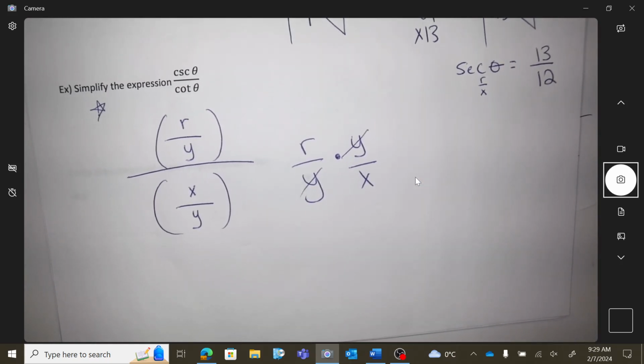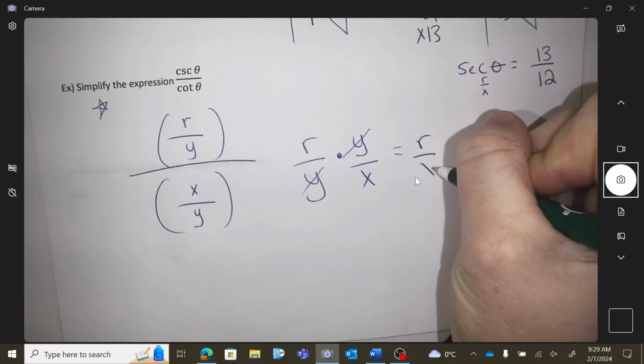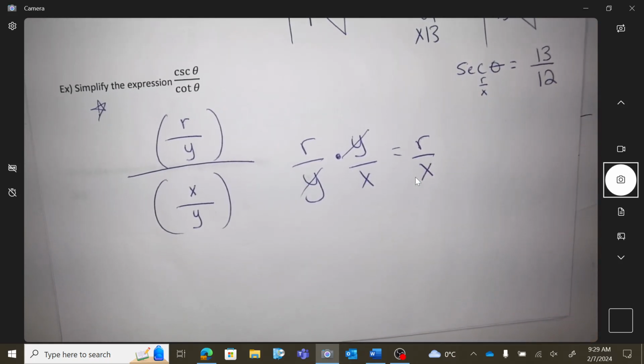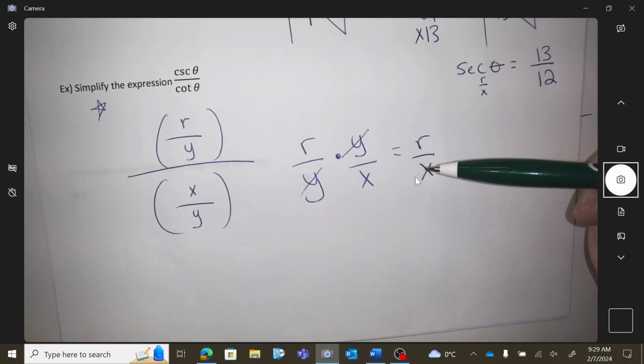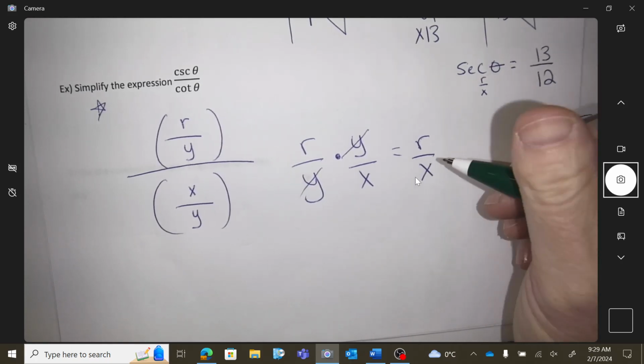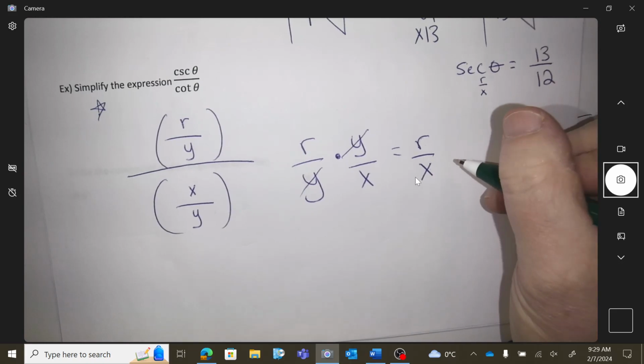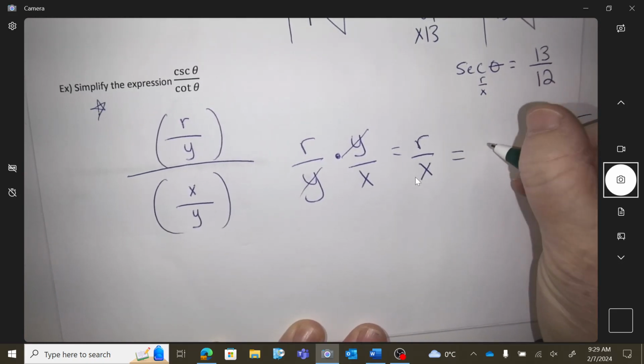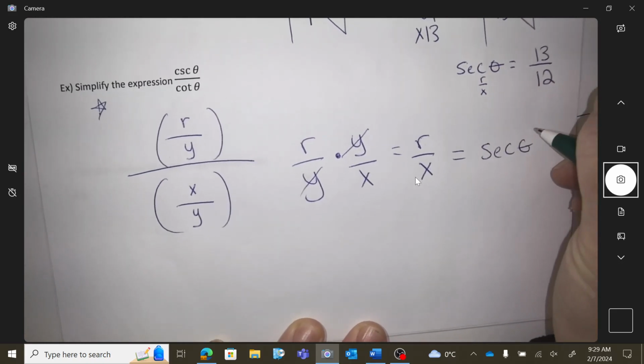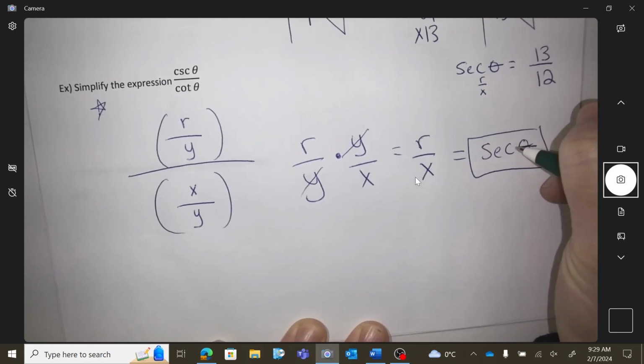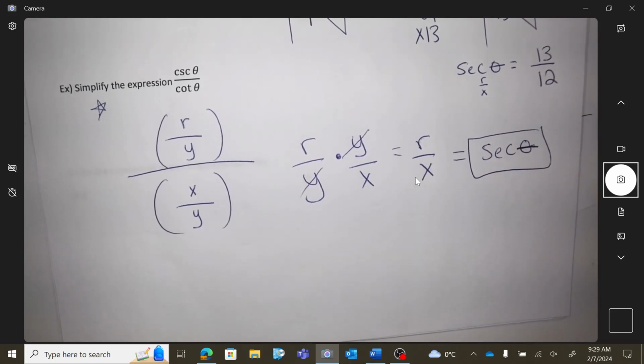Y on the top, y on the bottom. So then I ended up with an r divided by an x. Which fraction does this represent? Which ratio? That is your secant. So it ended up being equal to a secant angle. And that's my final answer.